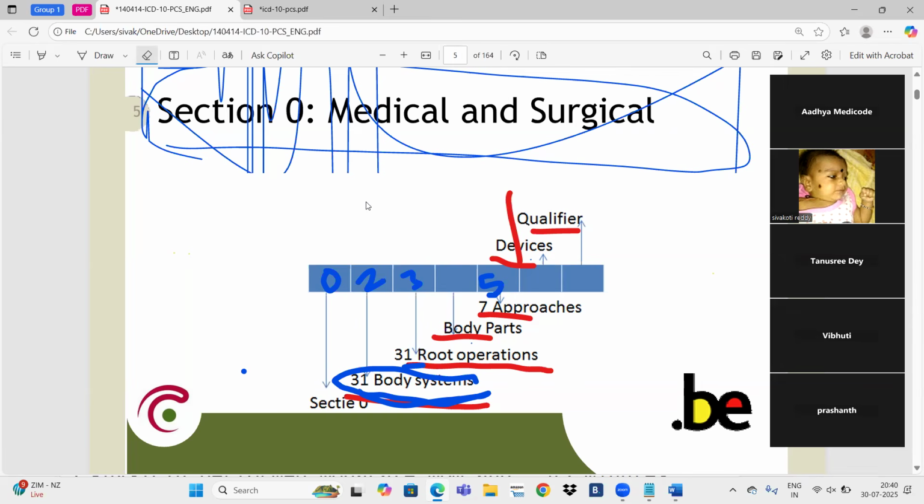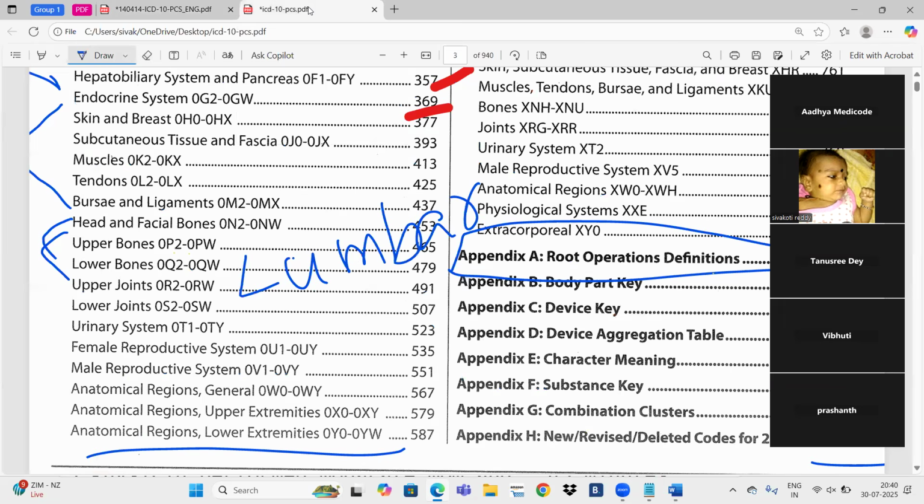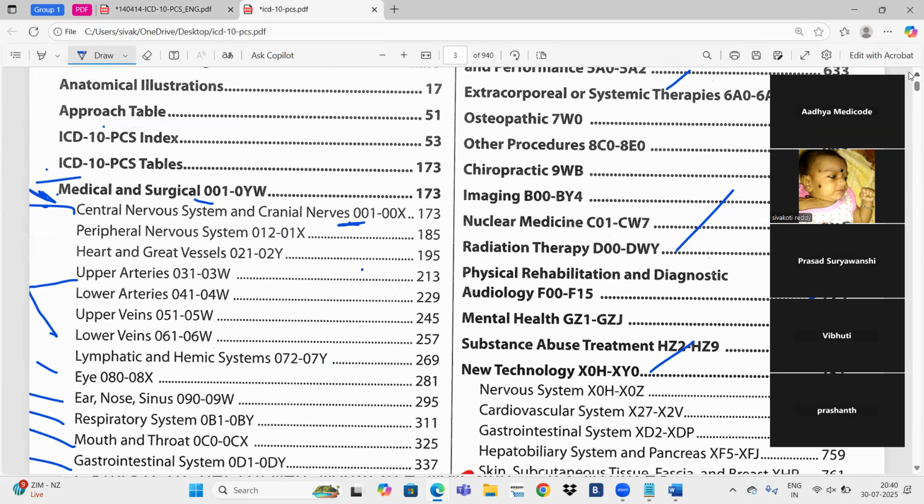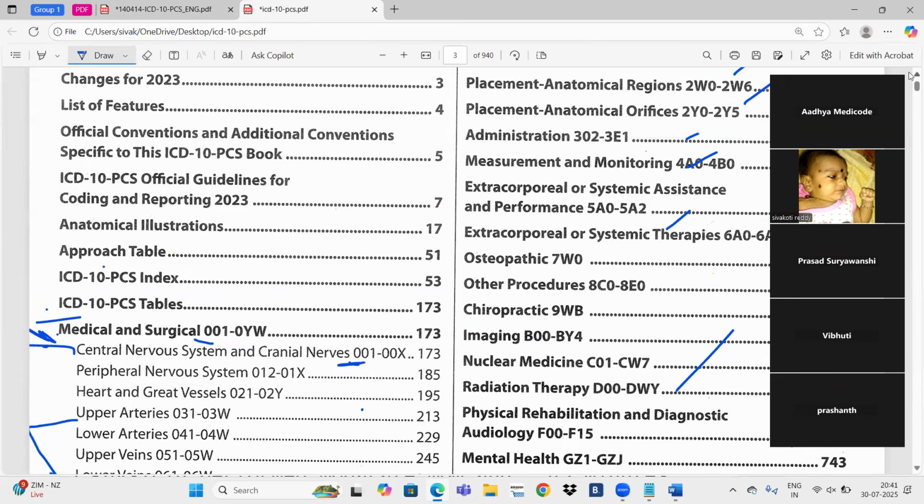Next, fifth character, approach. So tell me, what is the meaning of approach? Generally, if anyone asks you to approach someone, what does that mean?